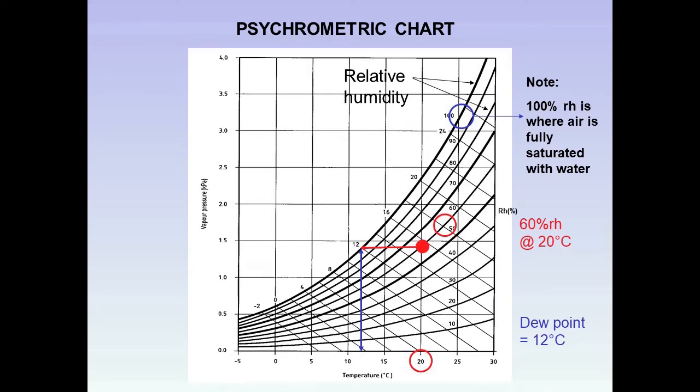That is, it is saturated at a dew point temperature of 12 degrees. Extend the line across to the left, the vapour pressure scale, and this tells us that the vapour pressure is 1.4 kilopascals. So we now know that the dew point temperature is 12 degrees.